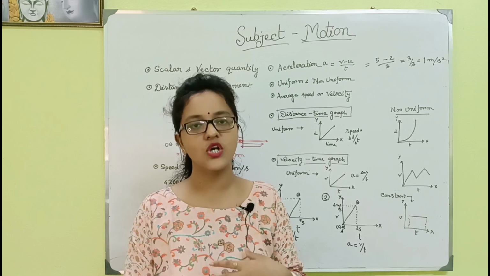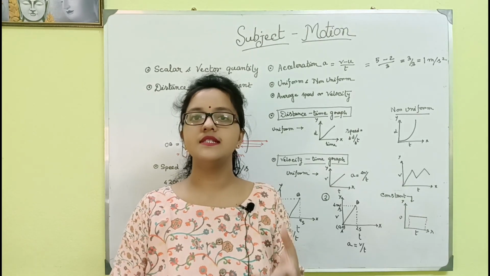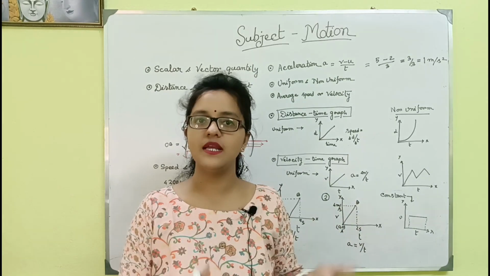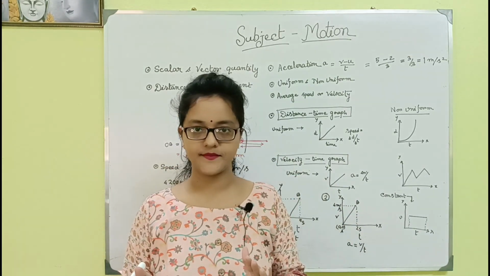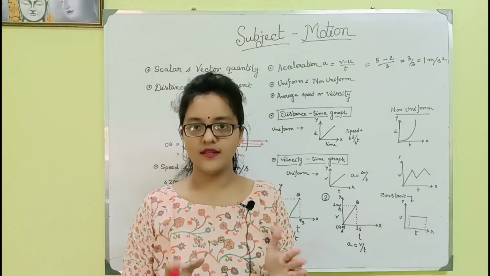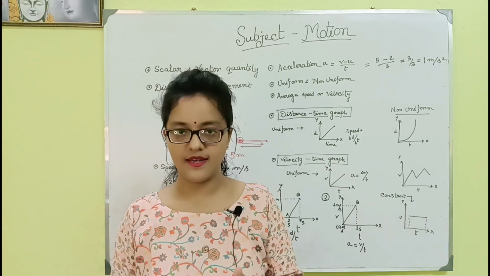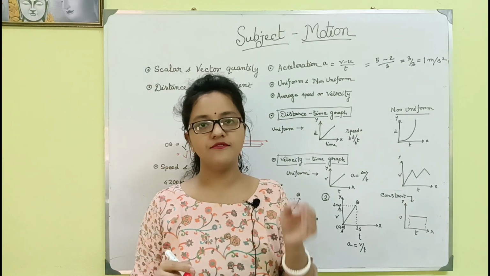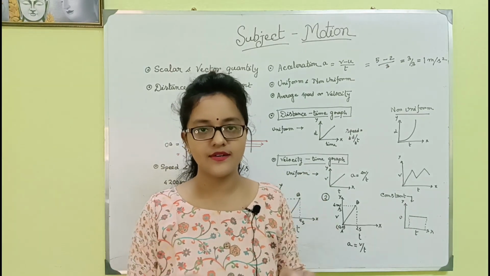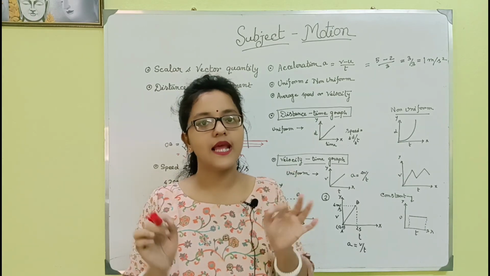Velocity can be increased or decreased. If it is decreased, the acceleration can be negative, because the formula is not greater minus lesser. The formula is v minus u. When v is less than u, the acceleration can be negative.